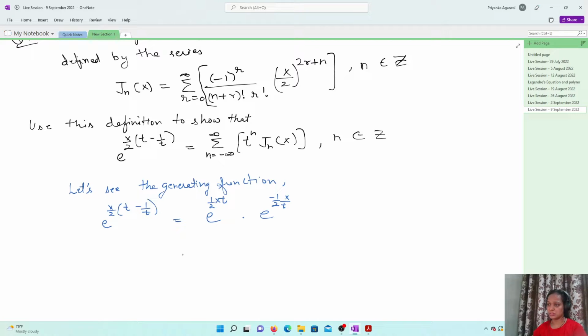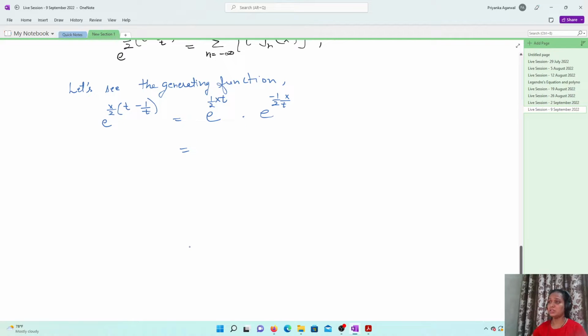So once it is written in this form, we can write e to the power x in series form. So same thing we will do over here. We will write this as summation k equals 0 to infinity, where k is just a variable to run this series, ((1 by 2)xt)^k over k factorial.